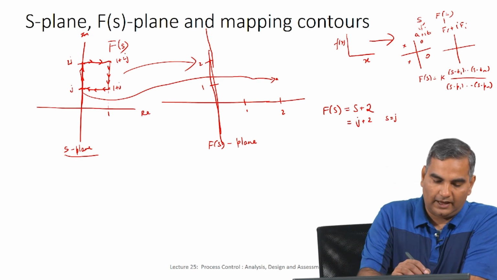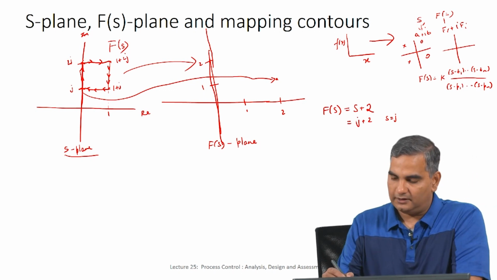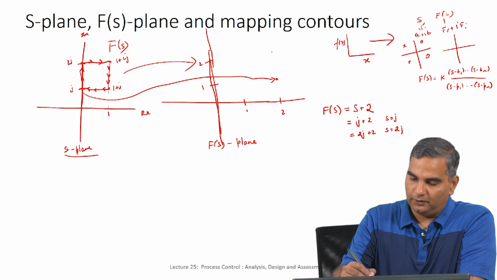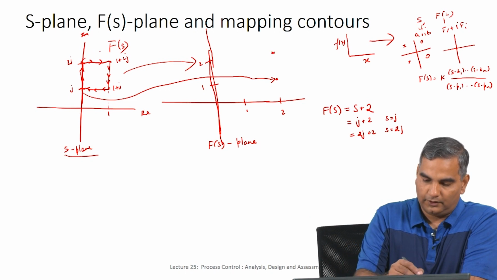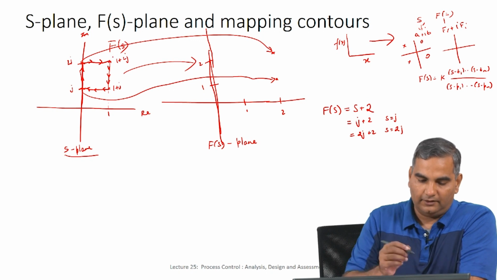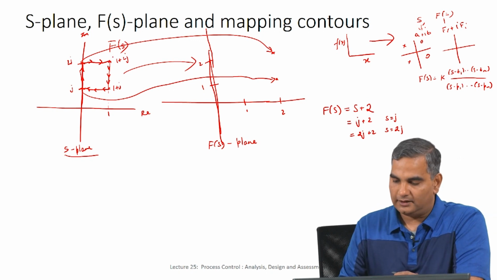Now, if you take this 2j, f of s is going to be equal to 2j plus 2 when s equal to 2j. So, that point is going to be basically this. So, this point is going to map onto this. Now, if you take this point, s is 1 plus 2j.